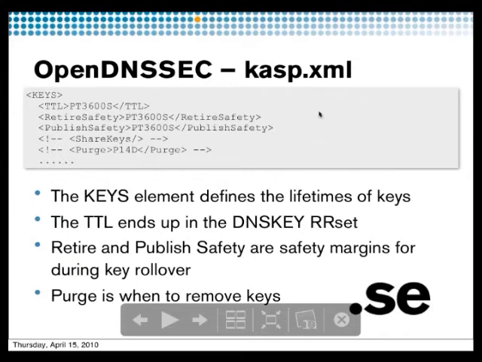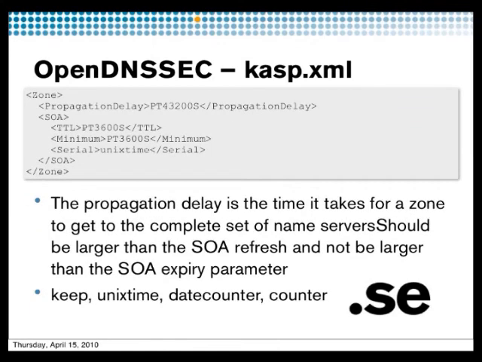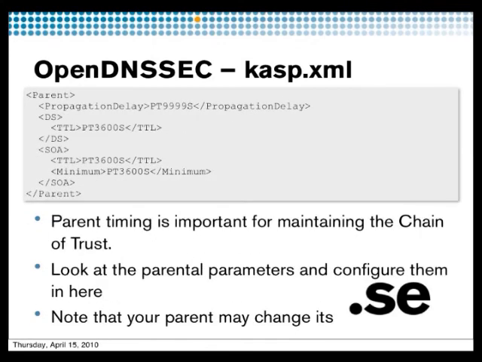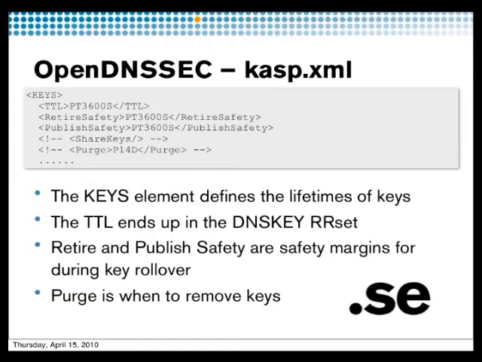You can also add some safety margins on top of the values, because we do some calculations based on the values that you have in the zone and the parent. These values will be used to calculate when a key should be rolled and when a key can be removed from the zone.